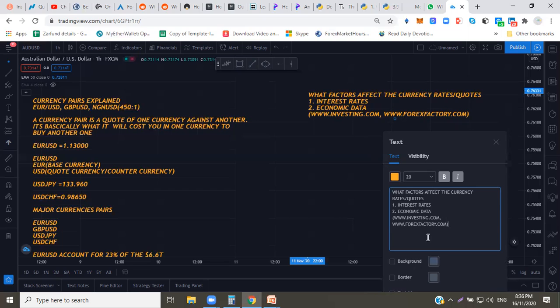So, other things that affect the market: politics. Right now, we just had the elections in the US. It affected the US dollar very heavily. In fact, it's still affecting the US dollar because the current president, Donald Trump, has not agreed that he has been defeated.